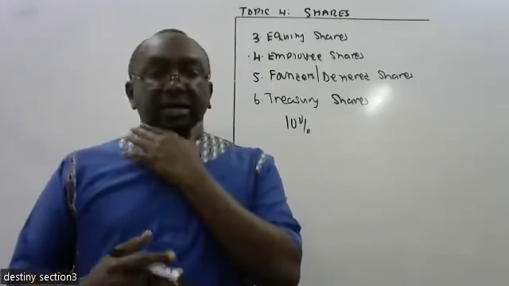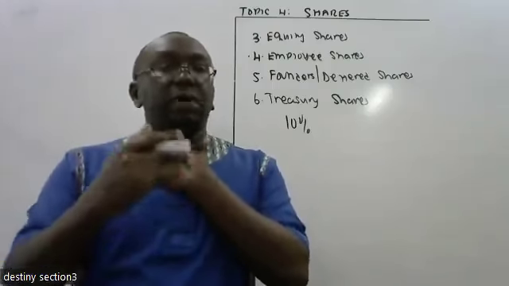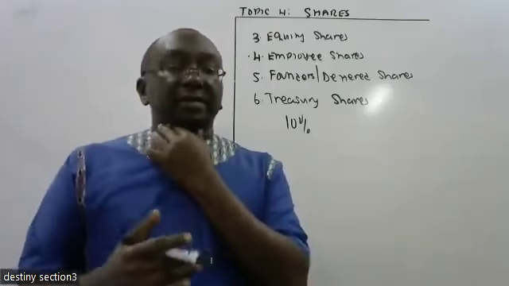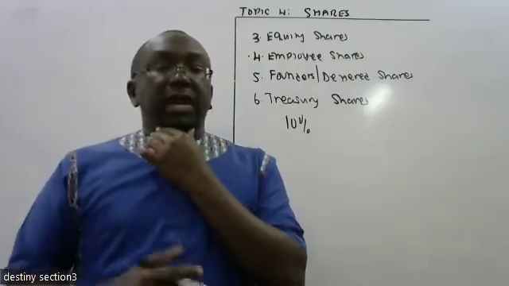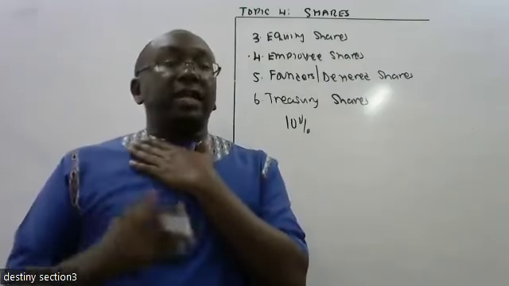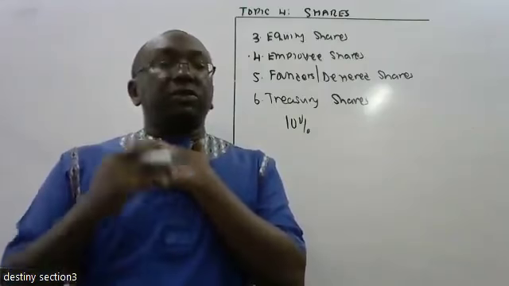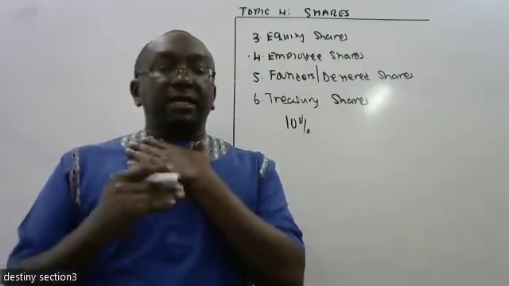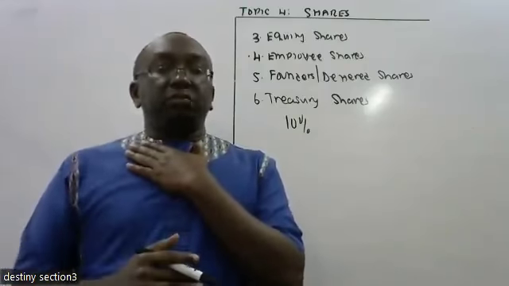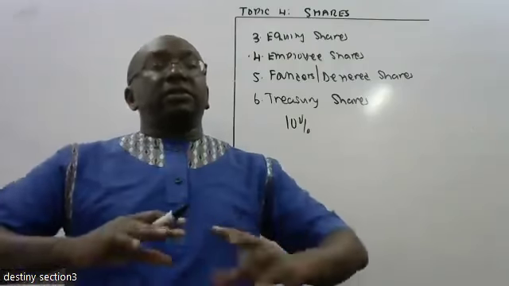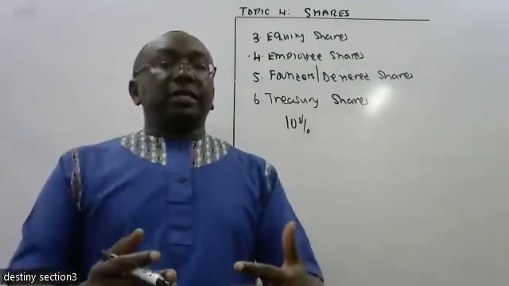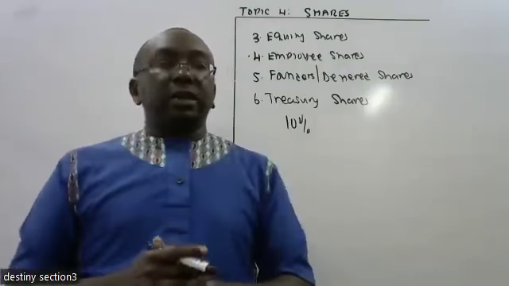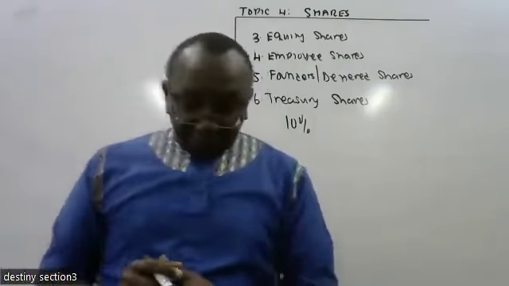But in this case, we are saying it is allowed to buy some of the shares as long as they are not more than 10% of what has been issued. And once they buy, they are not entitled to dividends, attending meetings, or voting, because it's like the company is getting its own dividends, voting for itself, and attending its own meetings. That is not allowed.